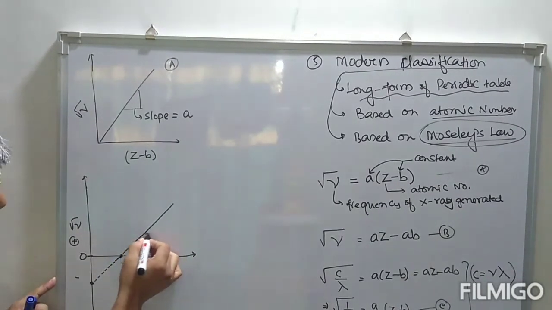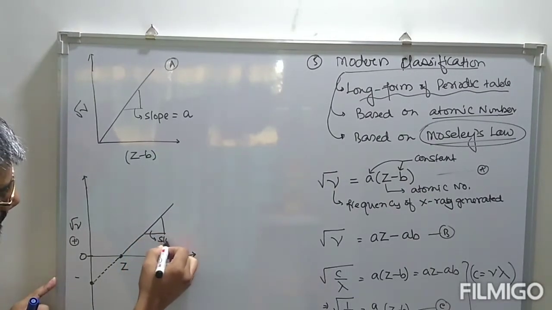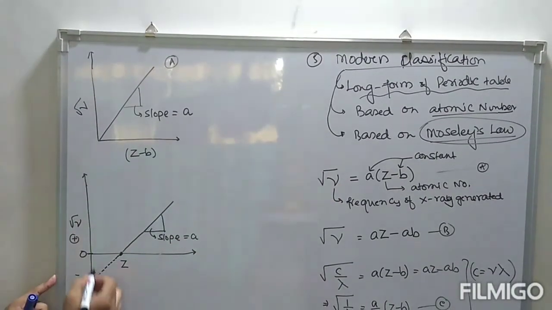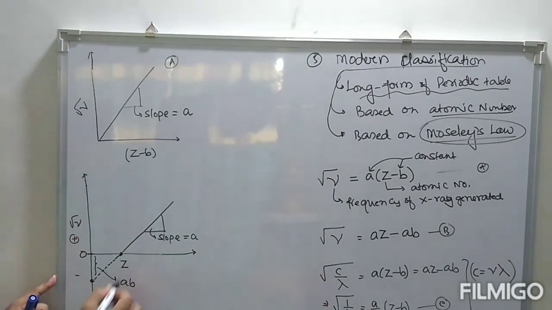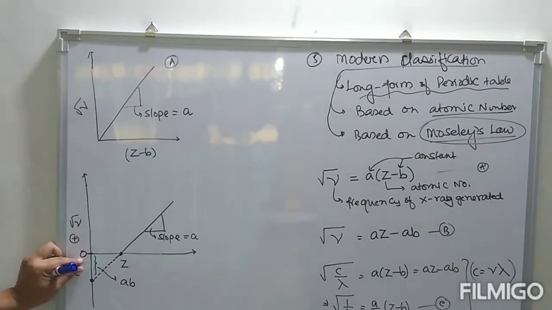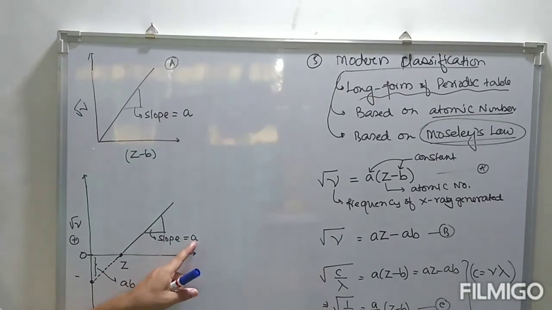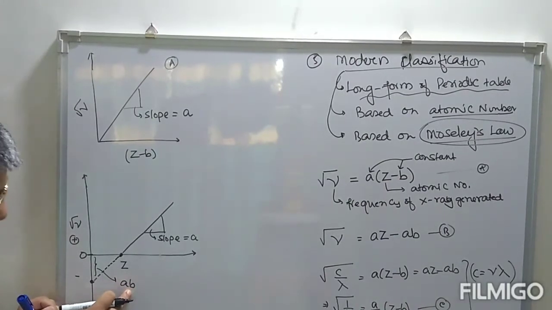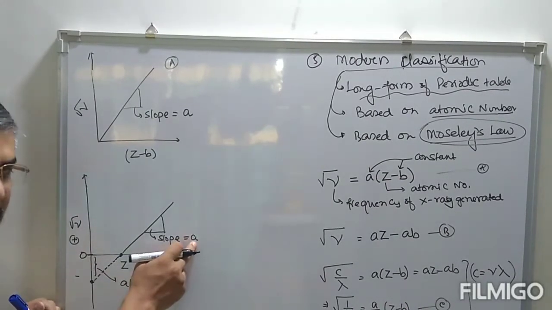So if you look at this, the slope of the graph is still A, and this y-intercept is equal to AB. So from the intercept of the graph we can find the value of AB, and from the slope we find the value of A. Once we have the slope and intercept, we can find the value of B. So the value of B is intercept divided by slope.